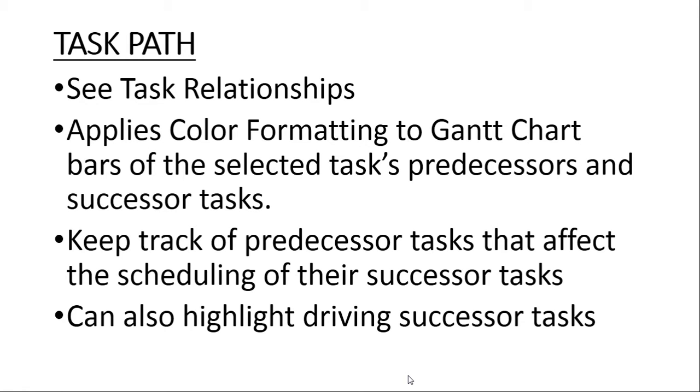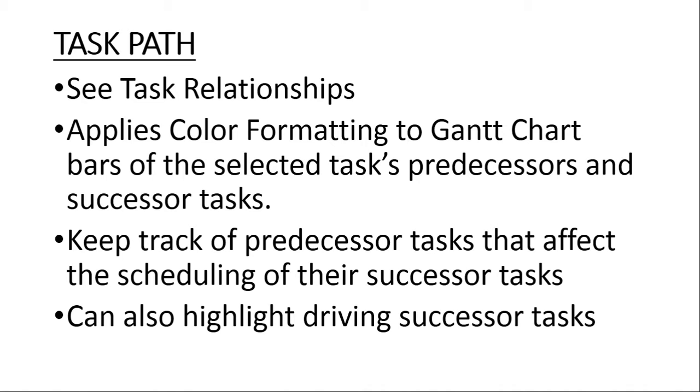Hello and welcome to this module where we are going to look at a feature in MS Project called the task path. Now the task path is a feature that helps us to see the relationship between tasks.